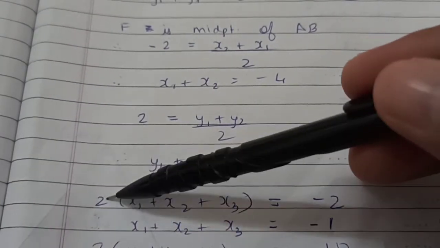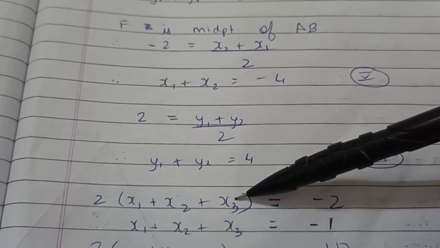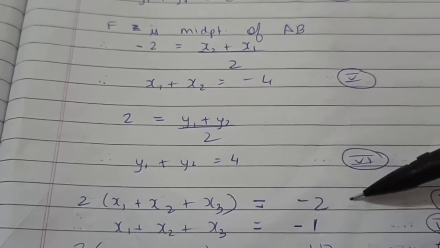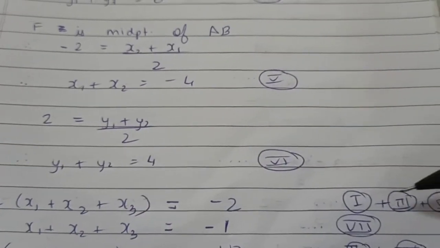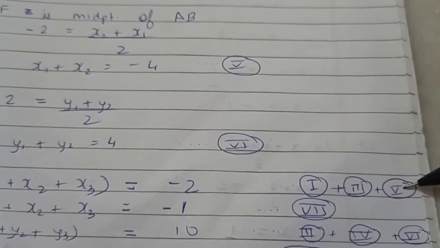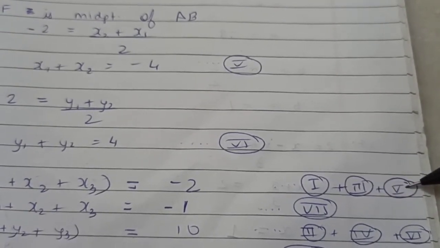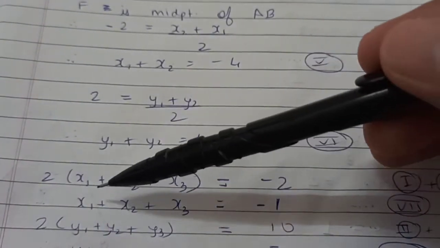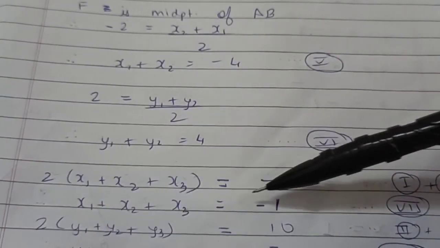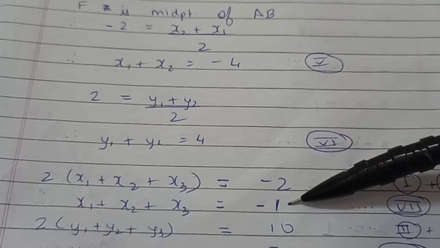I remove 2 common. And if I add all the RHS's, I'm getting minus 2. So how did I get this equation? I did equation 1 plus 3 plus 5. You do all the calculations on your own. And of course 2 goes down and I'm getting x1 plus x2 plus x3 is equal to minus 1. Why did I do this? I'll let you know shortly.